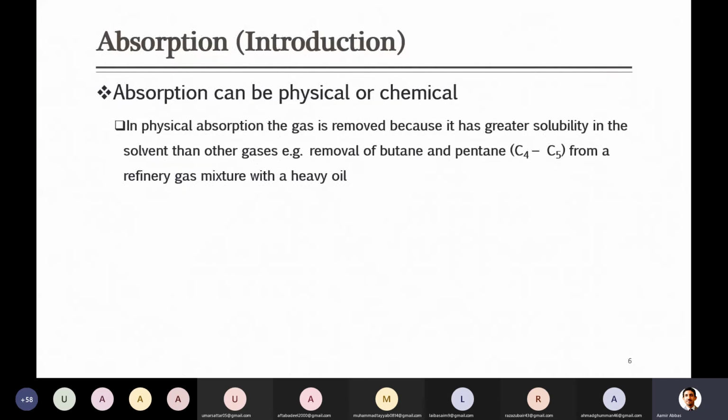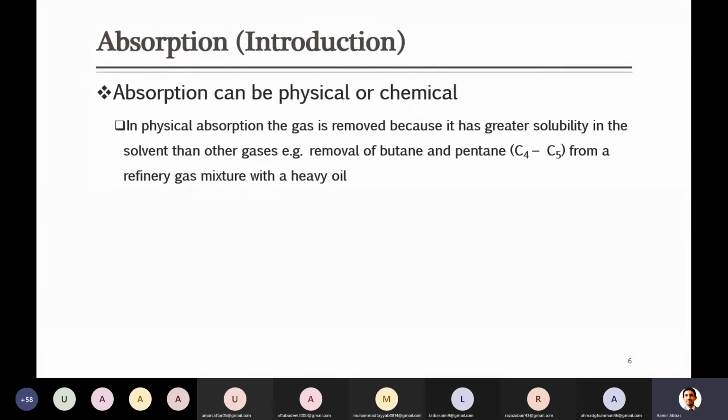Refinery gas mixture consists of, for example, gases from C1 to C5: C1 methane, ethane, ethylene, and such kinds of gases. If you have to remove these bit heavier components, butane, propane, pentane, they are removed with the help of heavy oil. Do you know what heavy oil means? Light oil, heavy oil, somewhere. I think you are studying energy engineering this time.